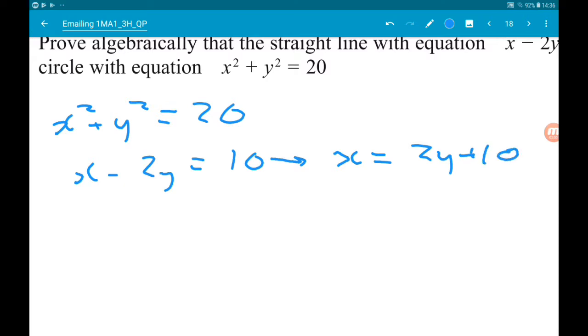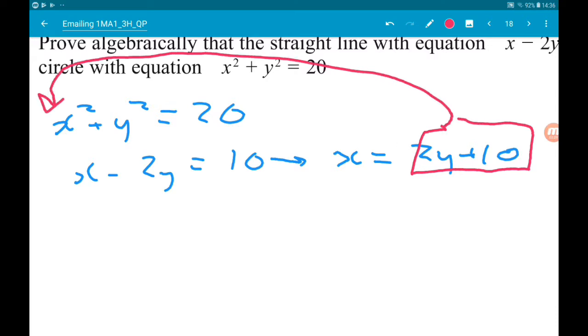Now we substitute that into the equation of the circle. So where there was an x, there it's now going to be 2y add 10.